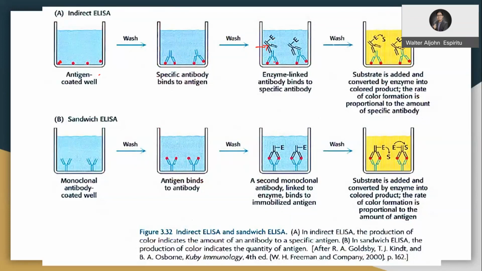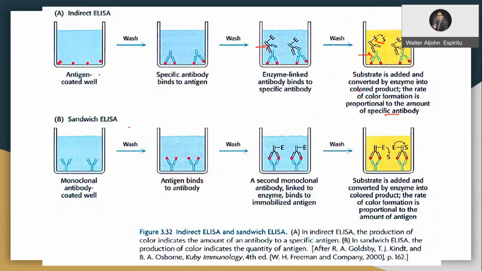When the binding is complete, you can now add your substrate S. Upon the reaction of the substrate with the enzyme, it will form a colored product. The substrate is added and converted by the enzyme into a colored product. The rate of color formation is proportional to the amount of the specific antibody present in the sample. So you can use this to detect the presence of antibody, if there is.